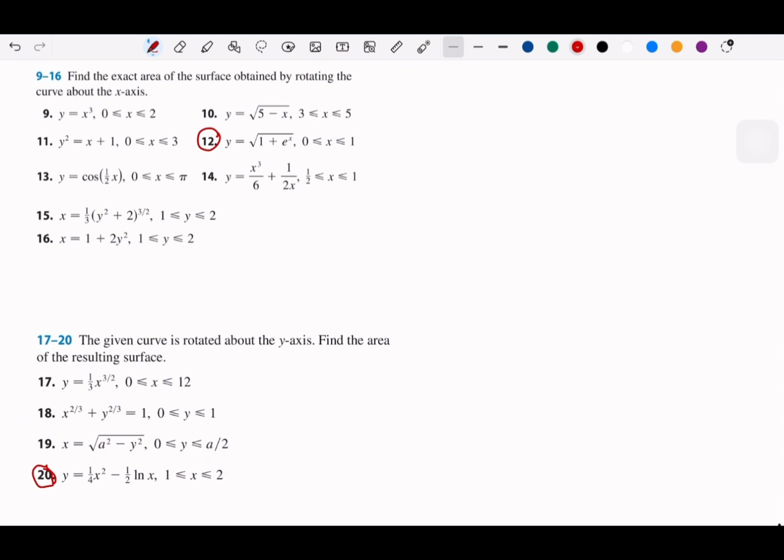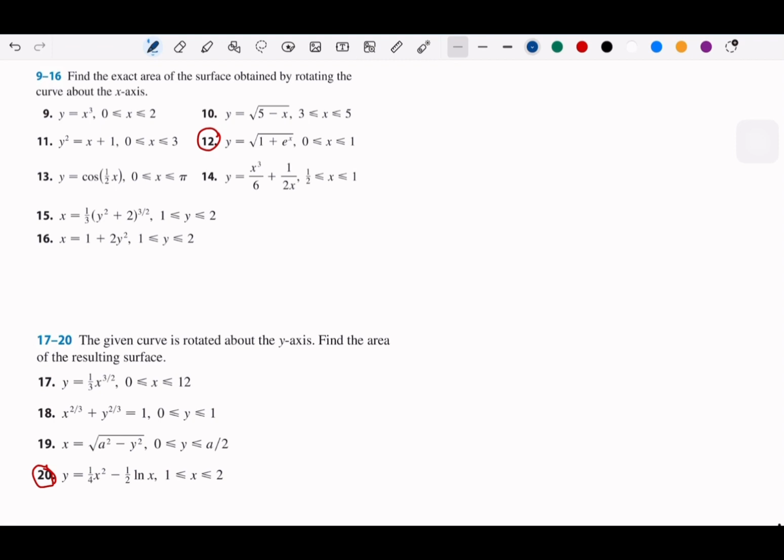Okay. So we have number 12. The function is square root of 1 plus e to the x, right? Now we could imagine what kind of function this is. Since it has the square root, it will be on the positive side, right?